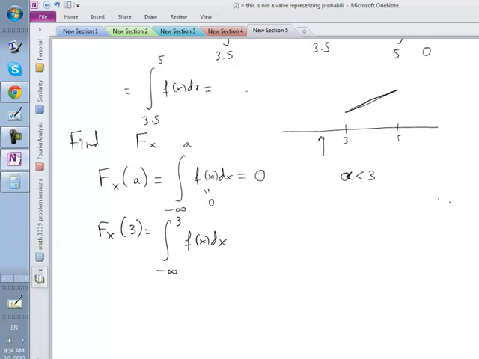But now at 3, the density function takes a positive value. So how can I do this integration? Well, what I will do is break this integration into two parts. Put a fictional number c, which I would put close to 3, and integrate up to that point, and then continue from c to 3, f of x dx.